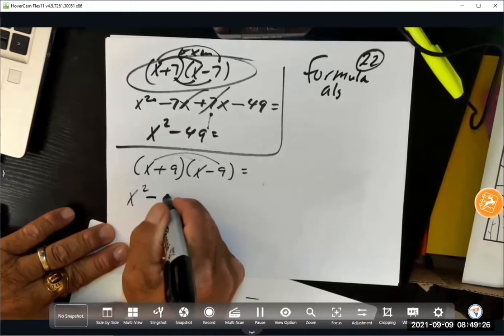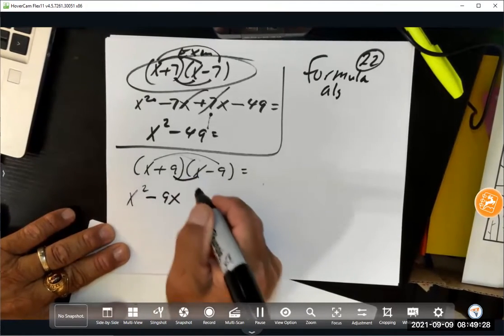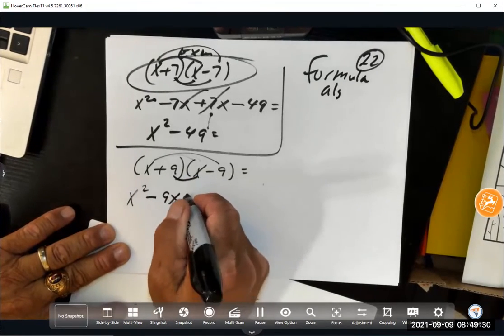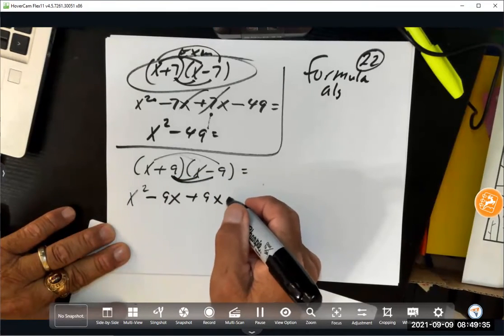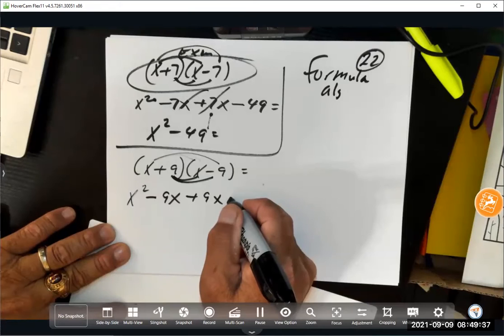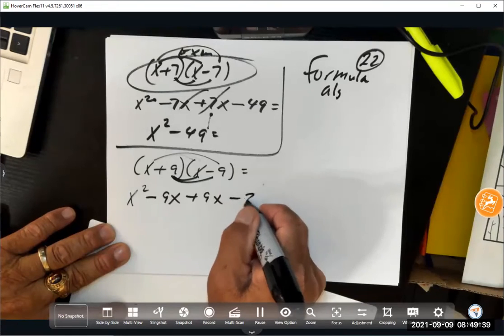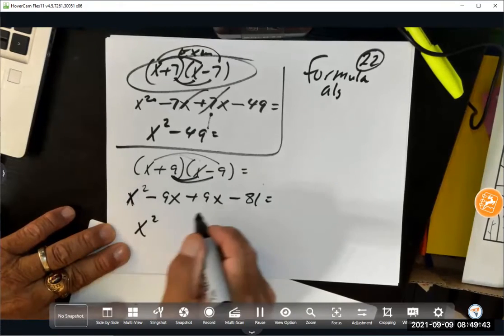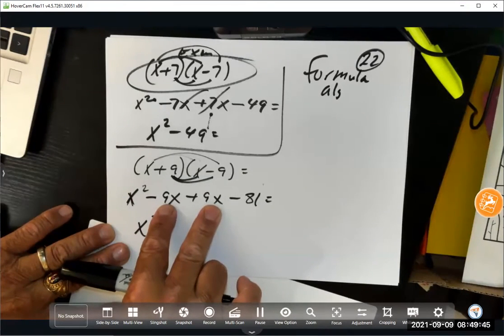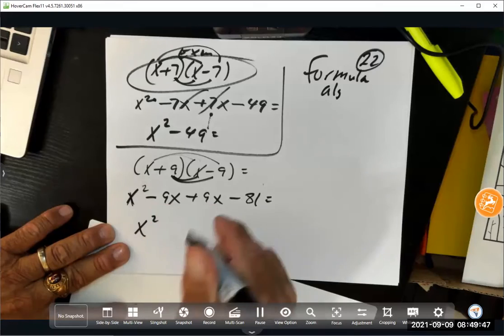There you go. And what's 9 times x? 9x. Positive 9x. And 9 times negative 9? Negative 81. And let's see what's going to happen to these. Are they gone? They cancel out again, right?